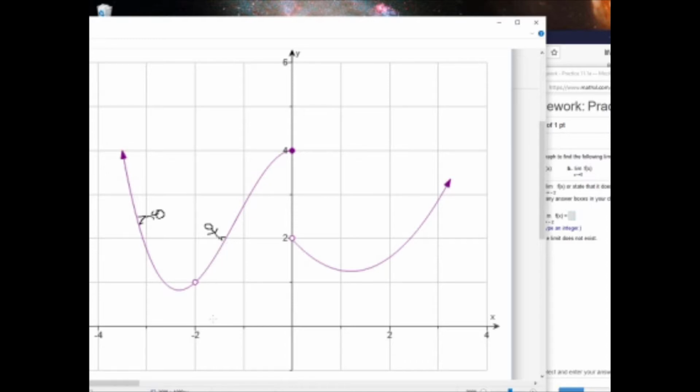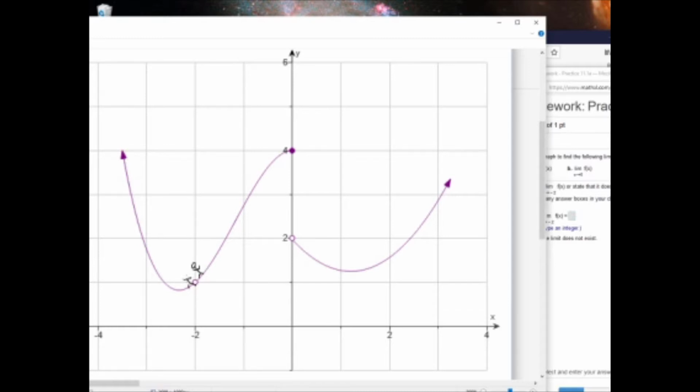They're both going to walk towards -2, but they have to walk along the function. And if they can walk towards each other, so if they can keep walking, and if they meet at the same spot, then the limit exists.